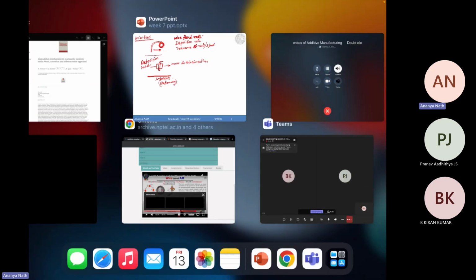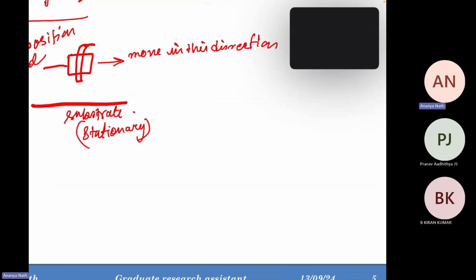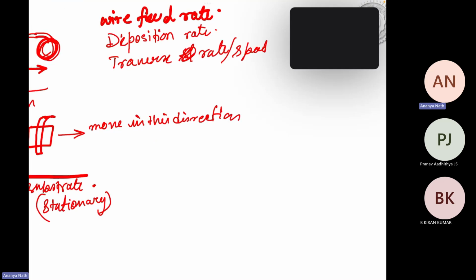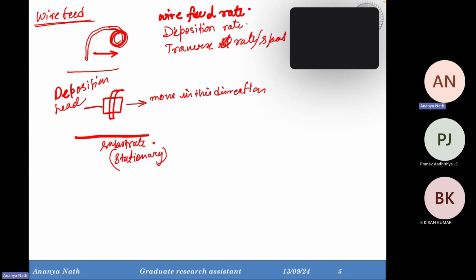Okay. So if my substrate is stationary and I am moving my printing head, then the rate at which my printing head is moves is the deposition rate. Now try to answer this question, okay? If the deposition rate is very high, what will be my wire feed rate?